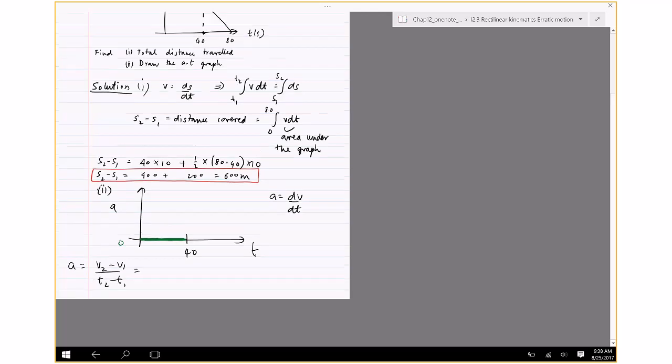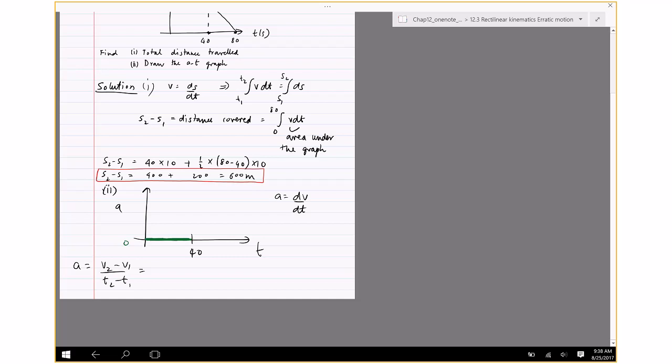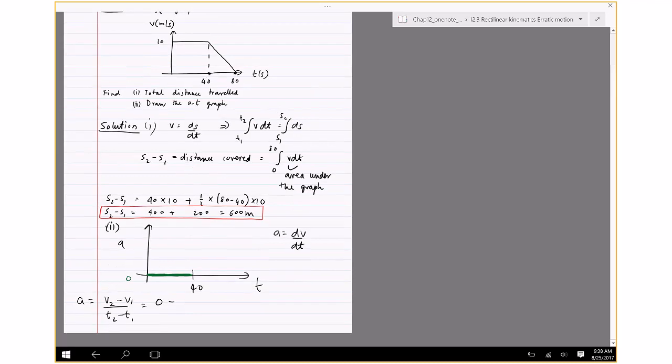So the velocity at this point at 80 is going to be 0. The velocity at 40 is 10. Similarly, the time t2, where I computed v2 is going to be 80, and t1 is going to be 40.